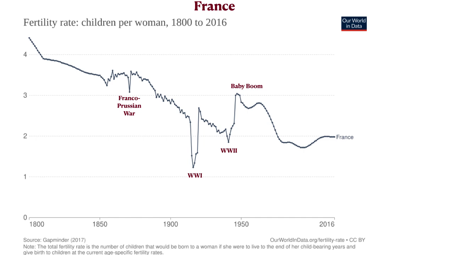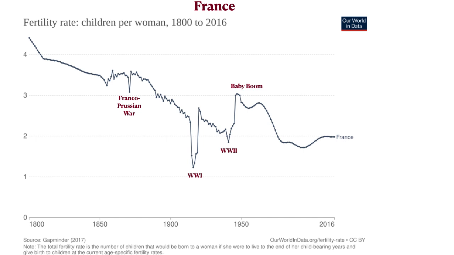Let's just take France over a longer period of time. There's pretty good data of the fertility rate here, and it's very interesting. We can see real drops in fertility during wars. I have the Franco-Prussian War, World War I, World War II, and then real rebounds afterwards. Note that by 1900, the French fertility rate was already approaching replacement level.